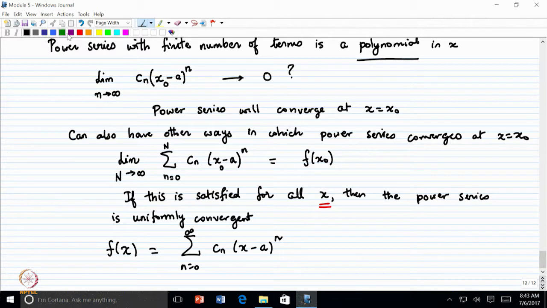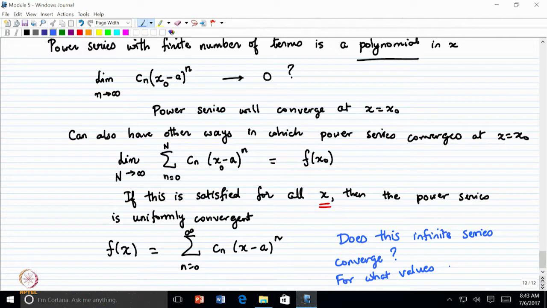So, the important question is, does this infinite series converge, and if so, for what values of x does it converge?